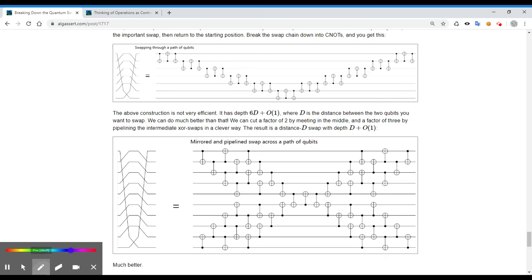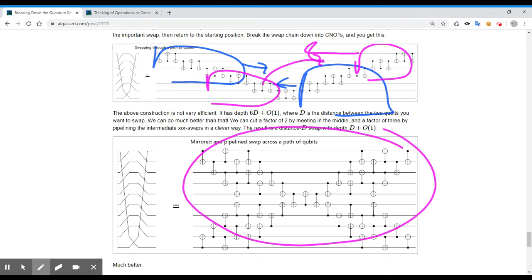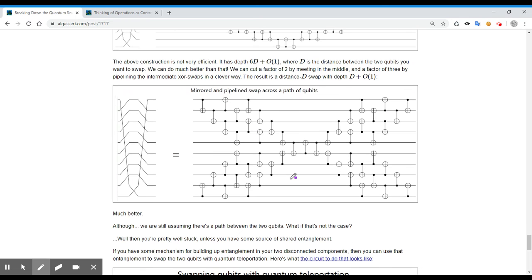So it looks like you're intertwining these halves brought together, and then these two halves brought together, and then you get this mix in here. But still, that's confusing.